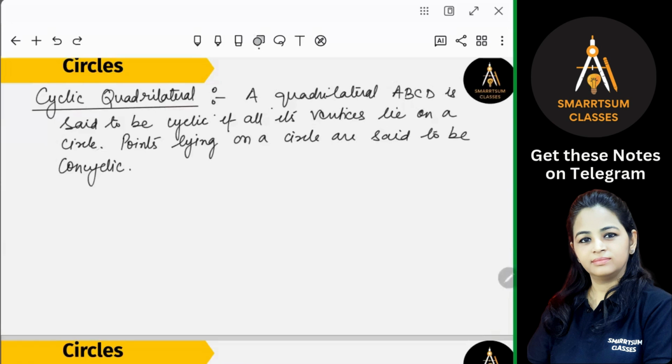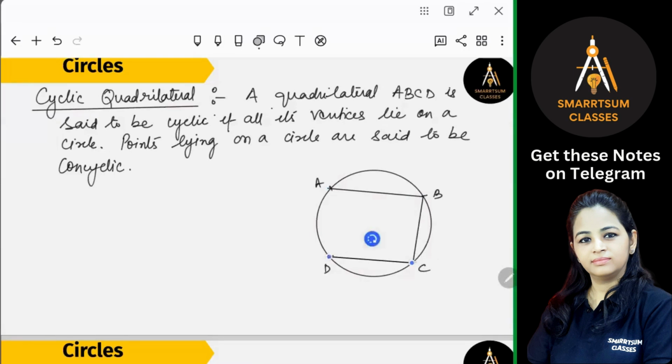That means suppose there's a circle and there are 4 points on it, A, B, C, D, right? Now, suppose we draw a quadrilateral here, joining these 4 points like this. So now this quadrilateral ABCD is a cyclic quadrilateral, right?